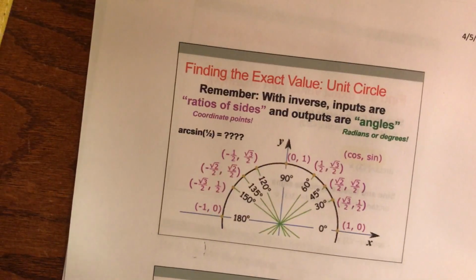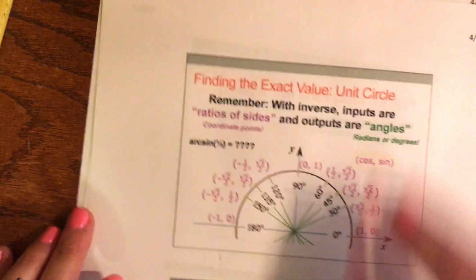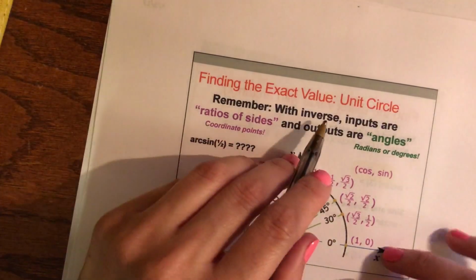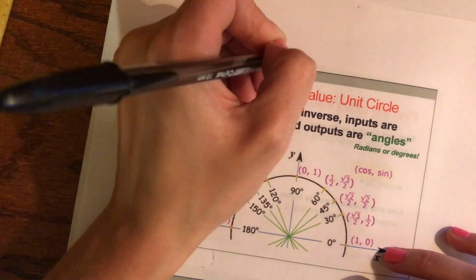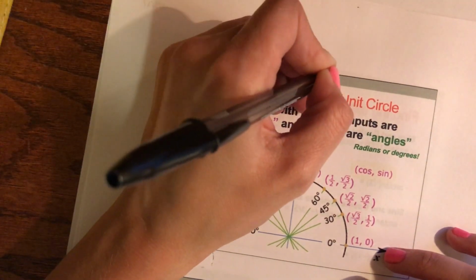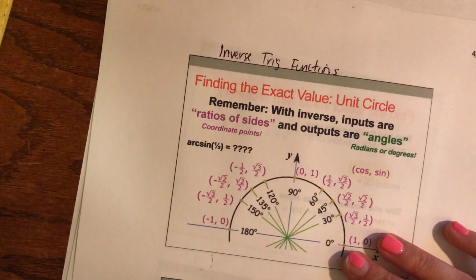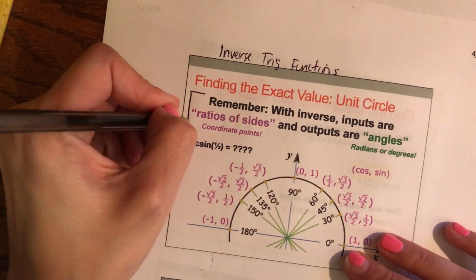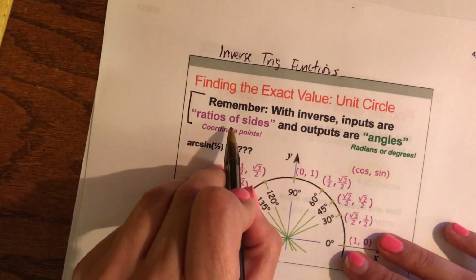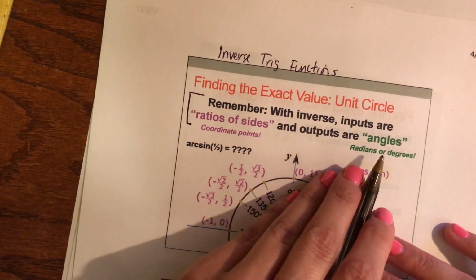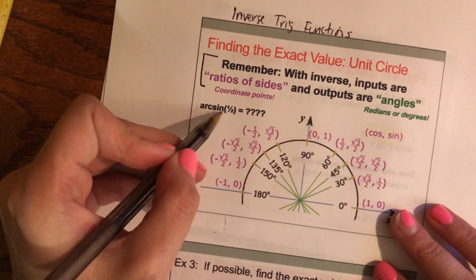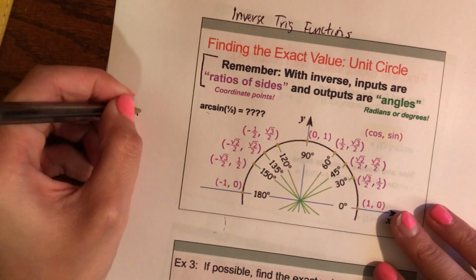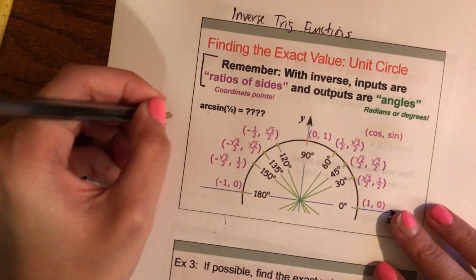Okay, so again, this is how we're going to find exact values for inverse trig functions. Okay, we talked about this, right? Inverse, the inputs are a ratio of sides, the outputs are angles, radians or degrees. Okay, so again, arc sine of 1/2. This is a question. I'm asking you, what is arc sine of 0.5?